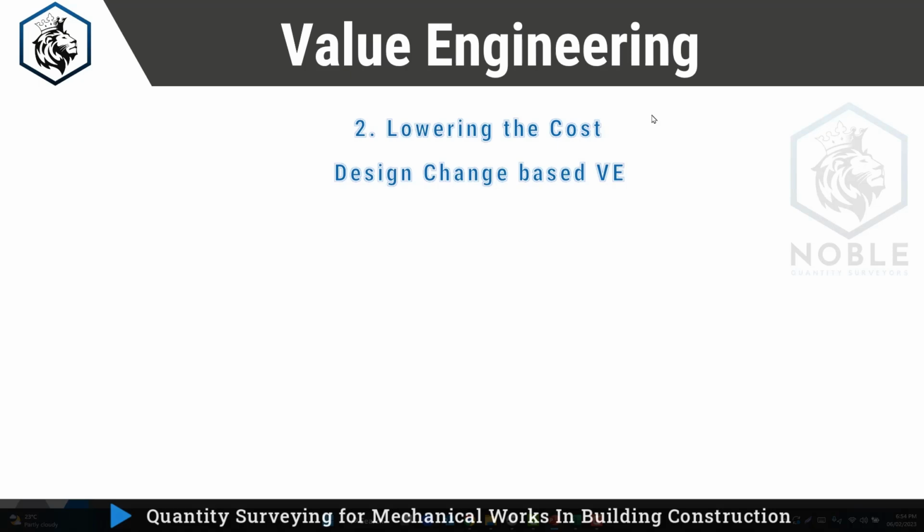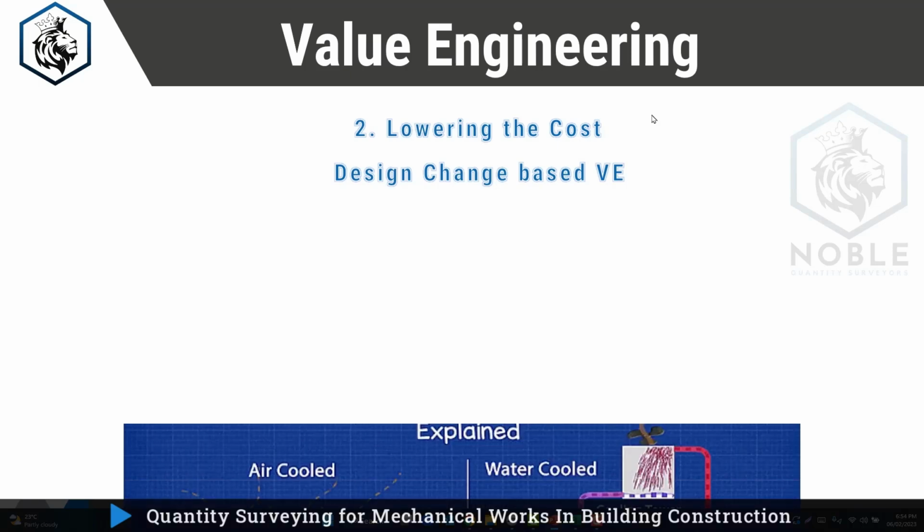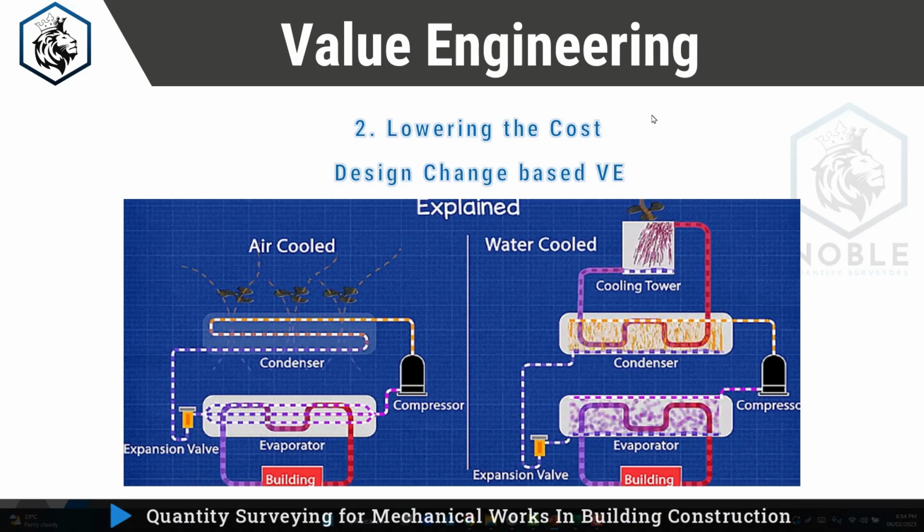Design change based value engineering. What it means is, to change the design to get the same output. Okay. What we saw in our previous project, what we have priced, in that one we saw water cooled chillers. Right? What I am saying is, if this water cooled chiller can be replaced with an air cooled chiller, keeping the same tonnage, then what will I save?